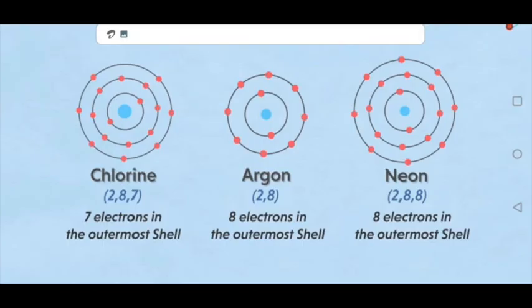Have a look at chlorine, neon and argon. What is the difference in their configuration? Chlorine 2,8,7, neon 2,8 and argon 2,8,8. We put a comma in between the number of electrons while writing electronic configuration.